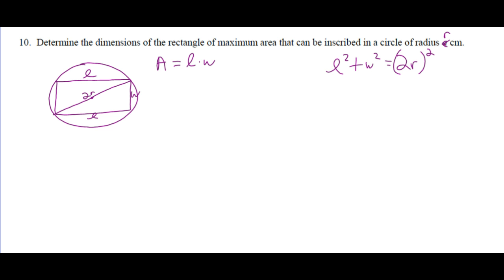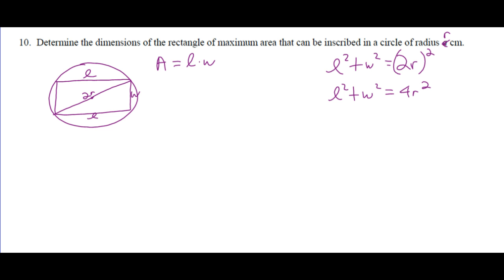When we do this, we're not actually going to get a number, because we don't know what R is. If we said R is 5 or whatever, we'd get a number, but here we just have a general R, so we're going to have a variable R hanging around. L squared plus W squared is 4R squared. Where you see R, just think that's a constant.